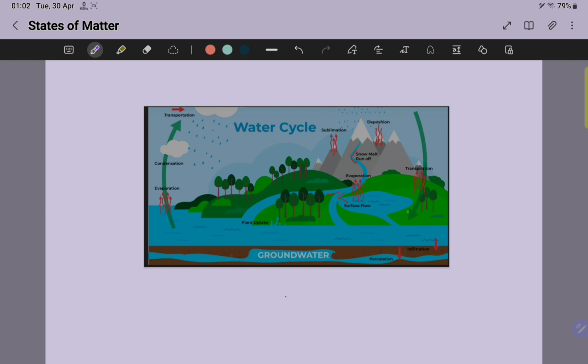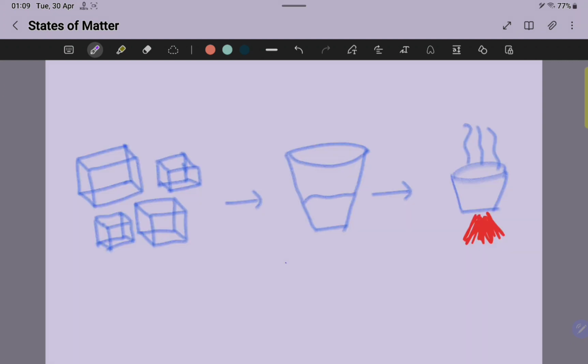So this process continues, in which the melting of ice from the glaciers forms water, water on evaporation forms water vapors, which on condensation form clouds, and clouds give rain, which is in the form of precipitation. So this interchangeability of states of matter helps in the formation of the water cycle.